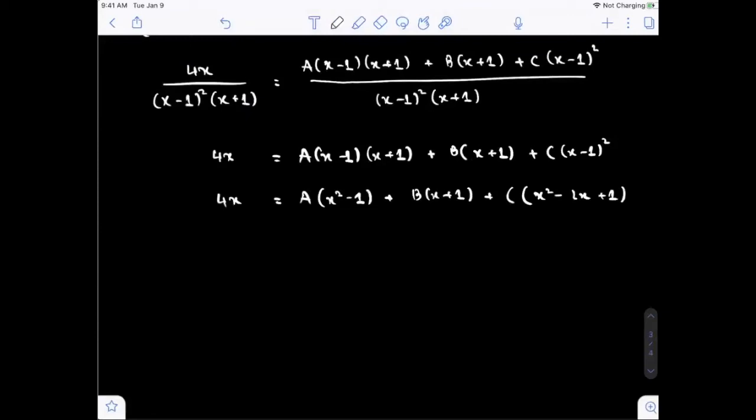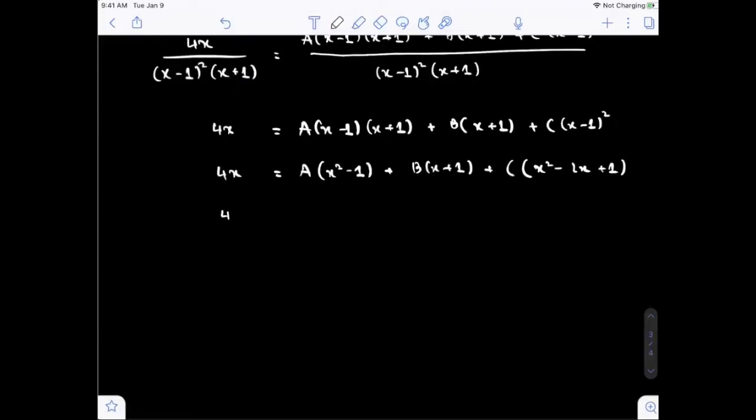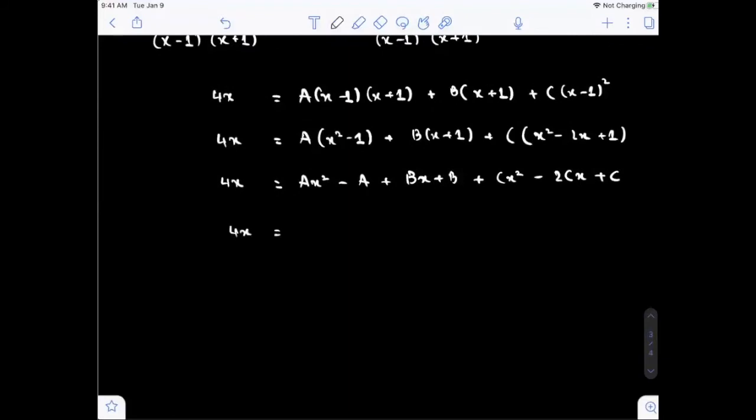Now you distribute and combine like terms. 4x equals Ax squared minus A plus Bx plus B plus Cx squared minus 2Cx plus C. Combining like terms, you have (A plus C) times x squared, plus (B minus 2C) times x, plus (negative A plus B plus C).